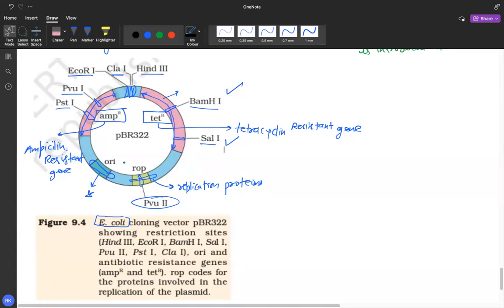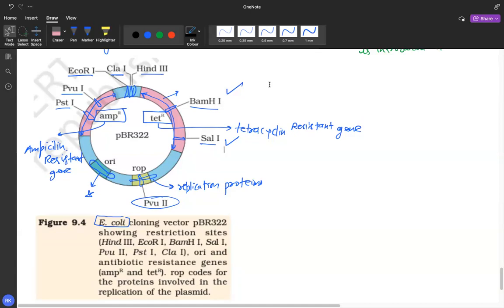Yeah. So you have to use BAM-H1 as your restriction endonuclease to insert your gene of interest, gene X. My question is, what will happen when you test it for transformation? How will you test it for transformation?